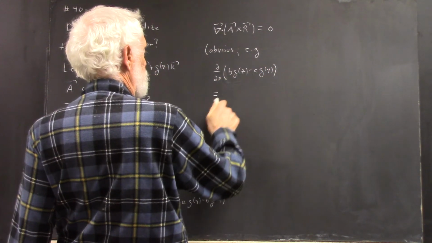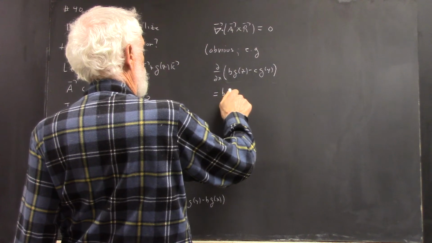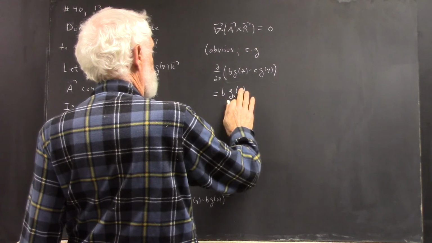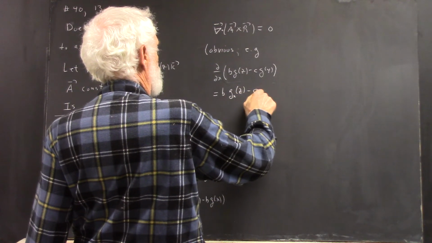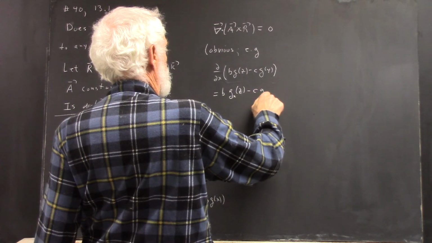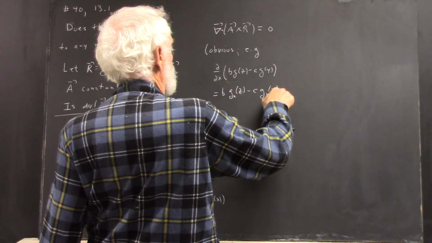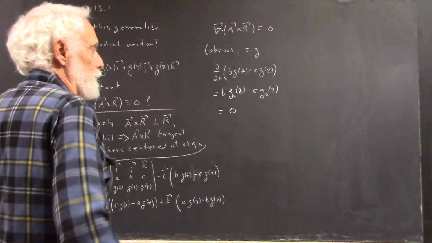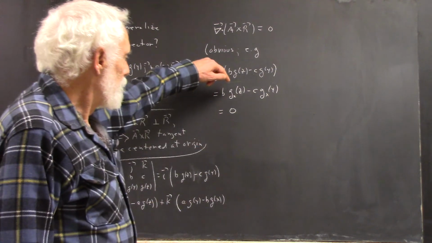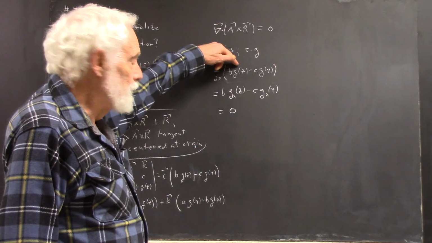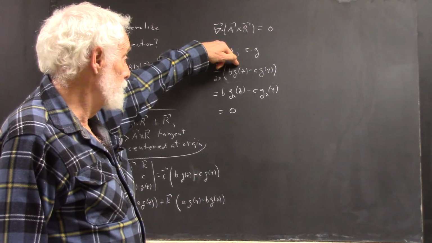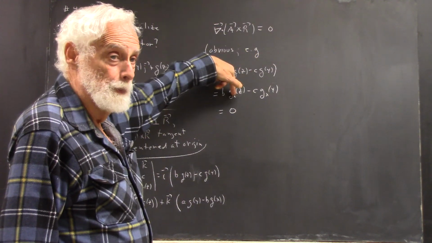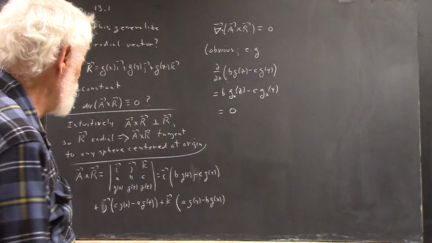B and c are constants, so it's b times g_x of z minus c g_x of y, and that's 0, because g of z is a function only of z, no x dependence. Same with g of y. Both of these are constant with respect to x, in case I needed to say that.